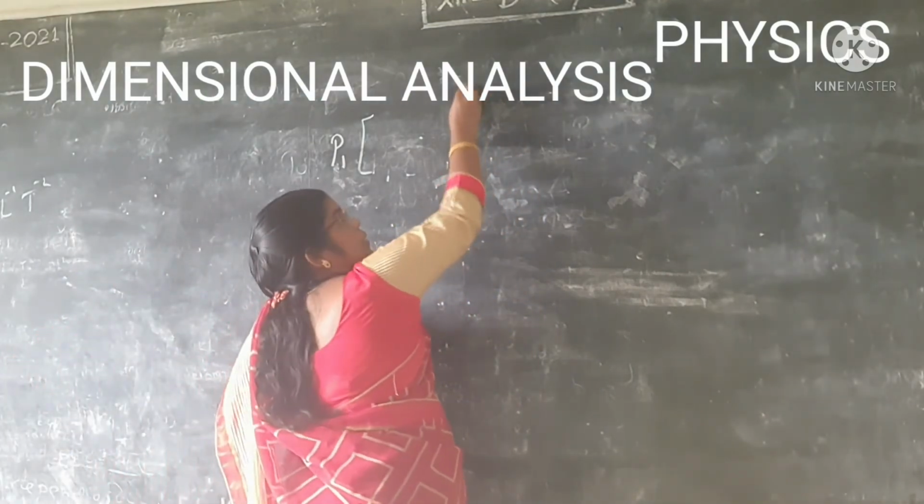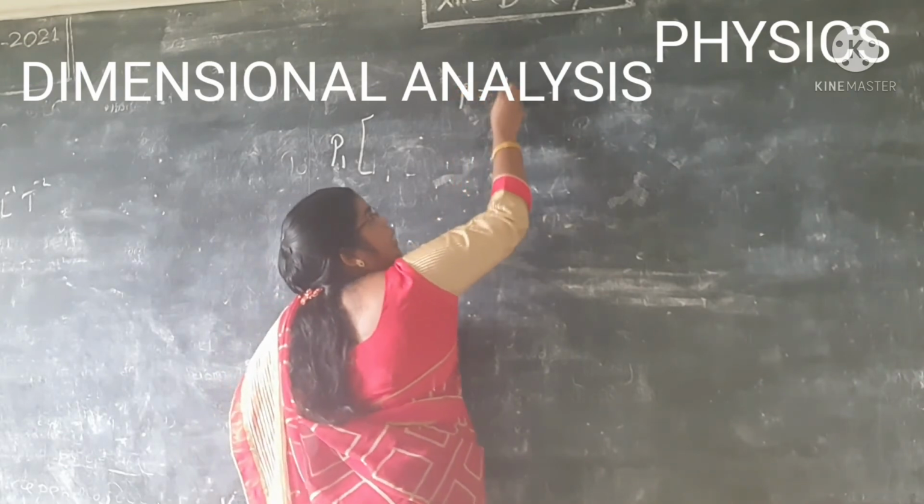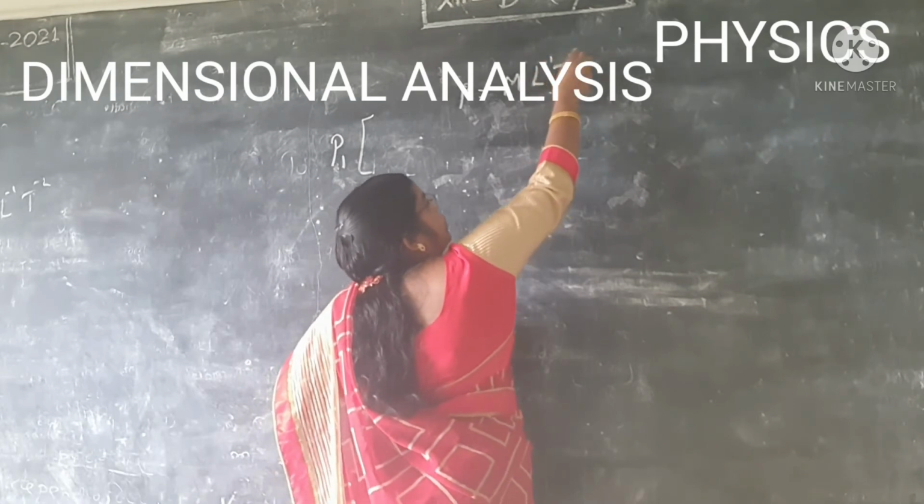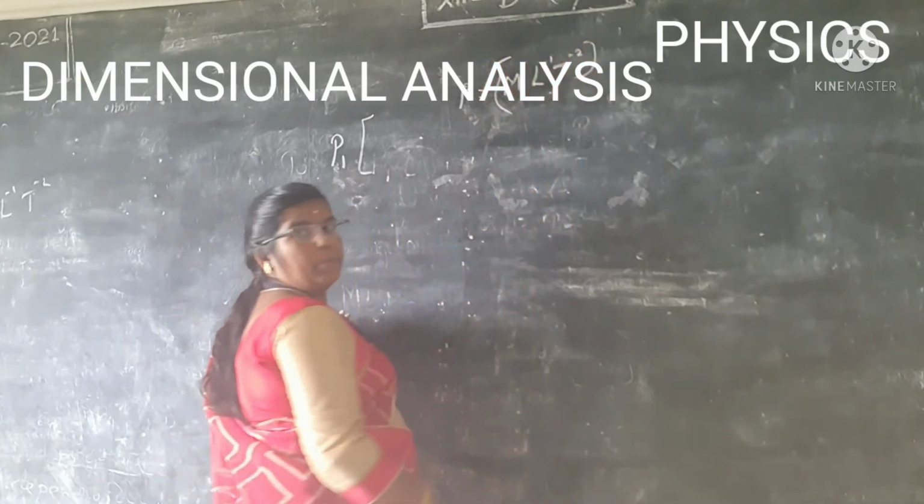Dimensional formula for pressure is m power 1 l power minus 1 t power minus 2. This is the dimensional formula for pressure.